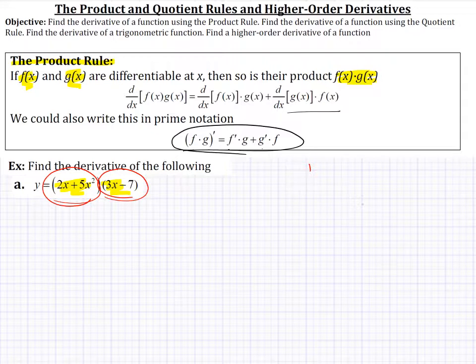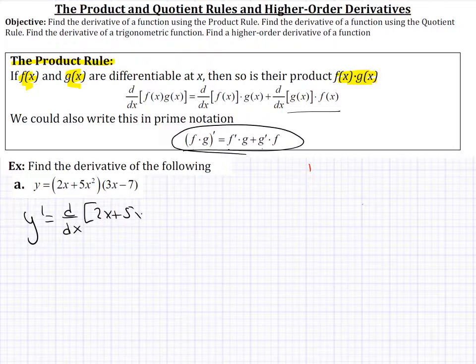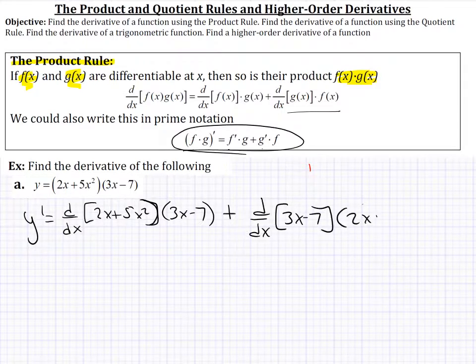So if we use that for this example, and I want to take the derivative, I should take the derivative of 2x plus 5x squared times 3x minus 7 plus the derivative of 3x minus 7 times 2x plus 5x squared.